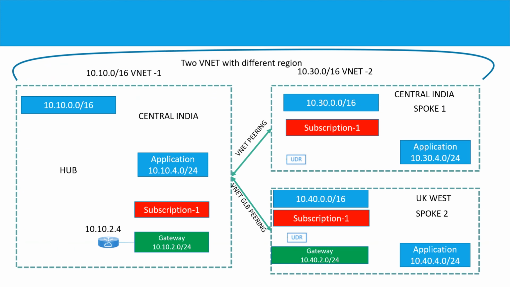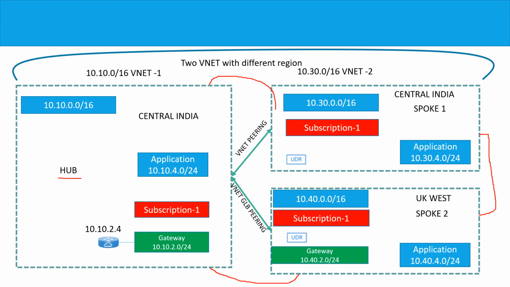Let's recap now what we have done so far. I have a vNet 1 which we wanted to act as a hub, since I don't want to provision a separate peering between spoke 1 and spoke 2. So all my traffic from spoke 1 should go to vNet 1, and from vNet 1 it should go to the spoke 2.